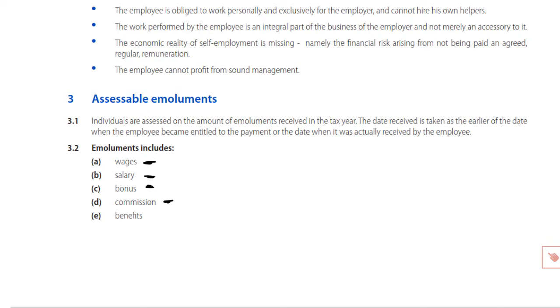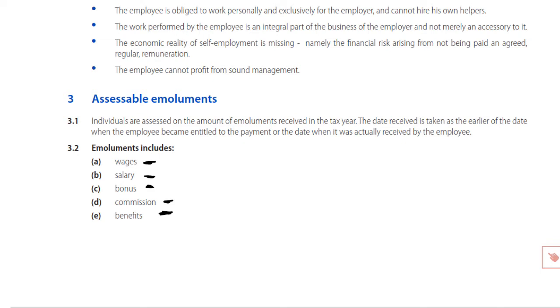And as will occupy most of our time in this chapter, there are various types of benefit that might, if the employer is so minded, be provided to you, the employee, by the employer. We have to determine which of those benefits are actually going to be taxable, and if they are going to be taxable, how we determine the taxable amount for any given tax year.